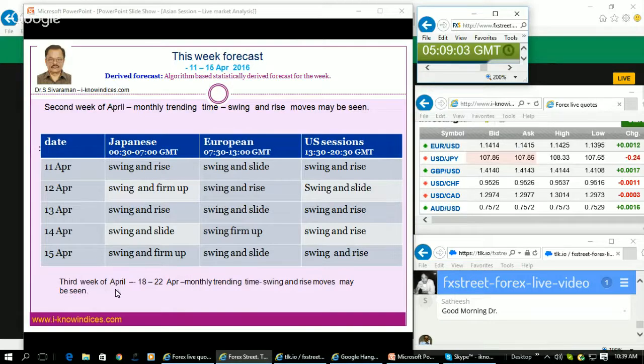Then third week of April, 18th to 22nd of April, they are expected to make further big gains in the case of Euro and GBP. Now if you look into the market here, you can understand that Euro is trading around 1.1414 level, and then USD yen is showing 107.86.